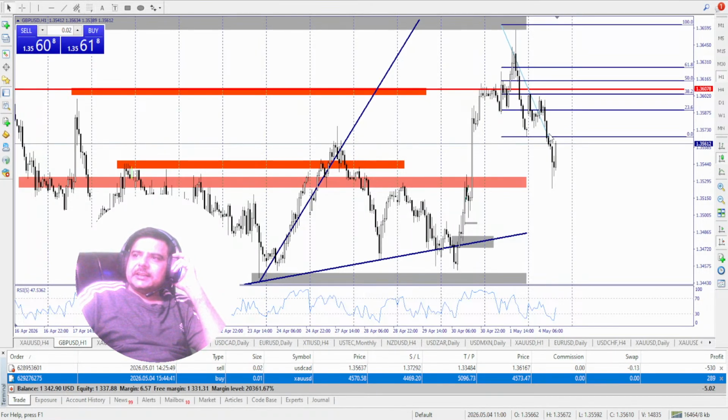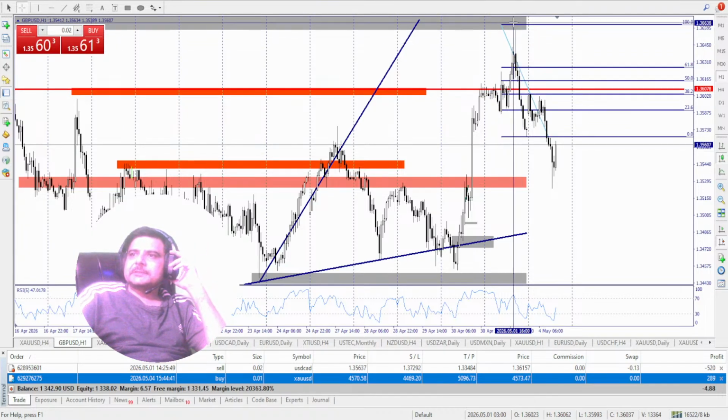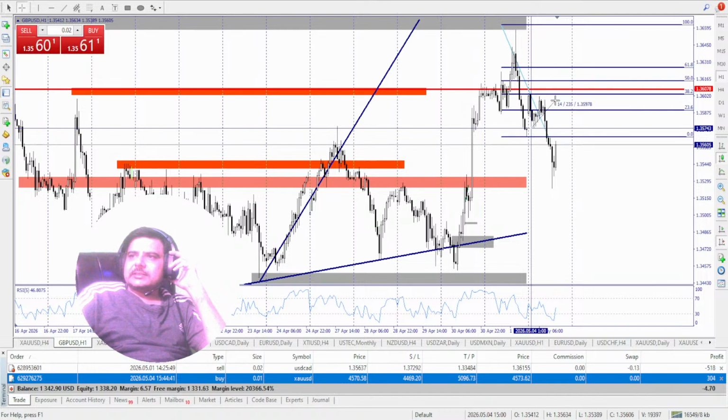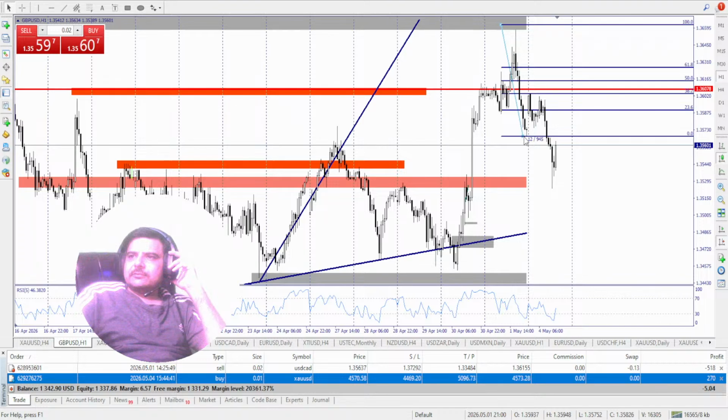Earlier today I was waiting for this level, I didn't get that. And this one I already missed on Friday. This was my sell level, and a correction did not occur back to 61.8 from right here.